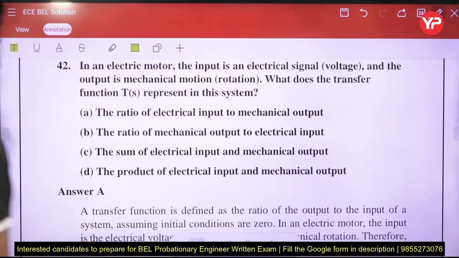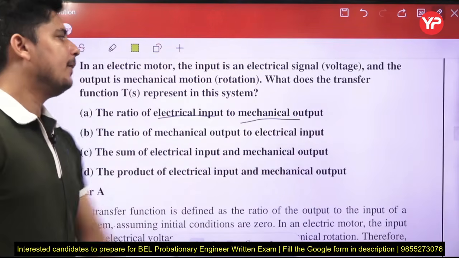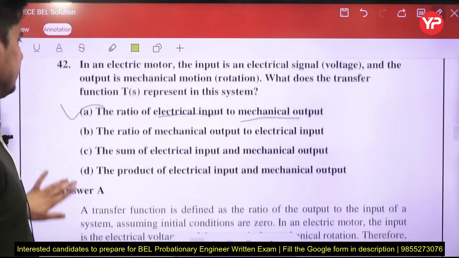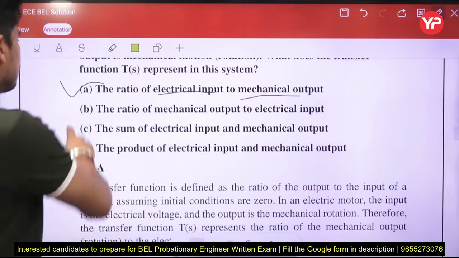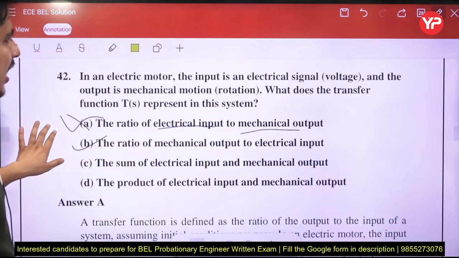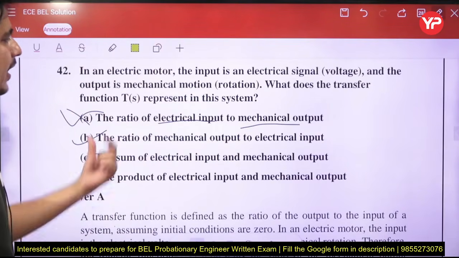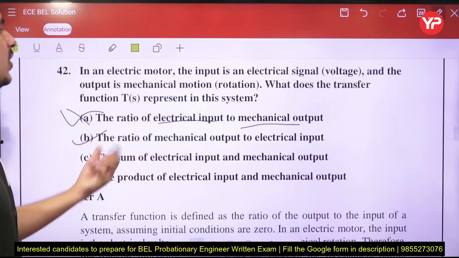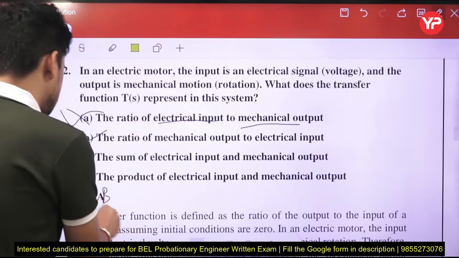So what we can say, it is the ratio of mechanical output to electrical input. Output upon input. Basically, the Laplace transform of output, output is a mechanical motion, mechanical output, and input is an electrical signal, electrical input. The answer should be B, not A.